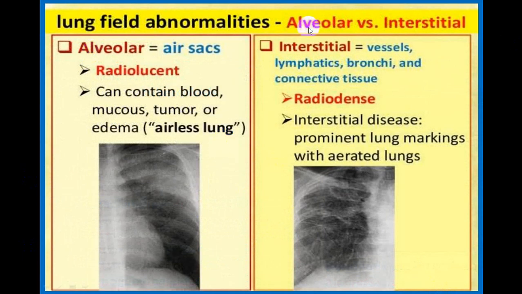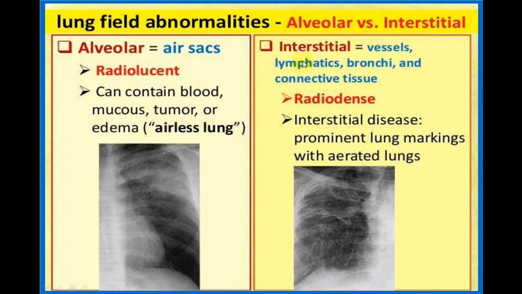Now, a person who has a radiolucent area can contain blood, mucus, tumor or edema. We call it airless lung. You can see here, this is airless lung and a little less opaque.